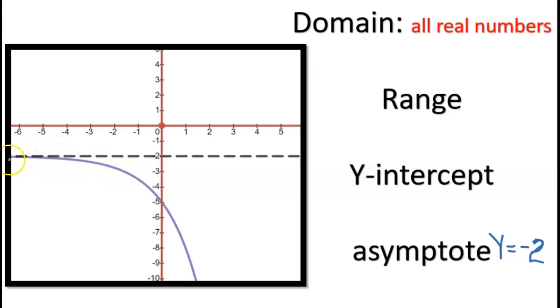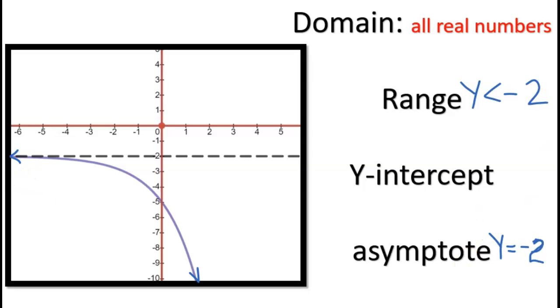Over here, it's going to get closer and closer and closer to this asymptote. But this time, is this graph above the asymptote or below the asymptote? It's below the asymptote, so this range is y less than -2.